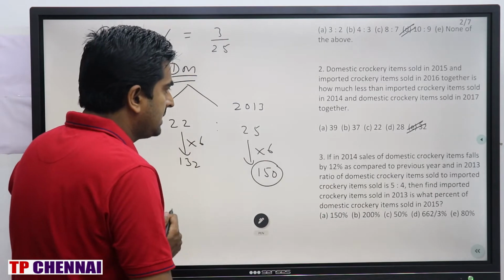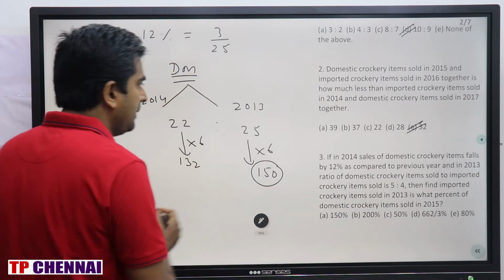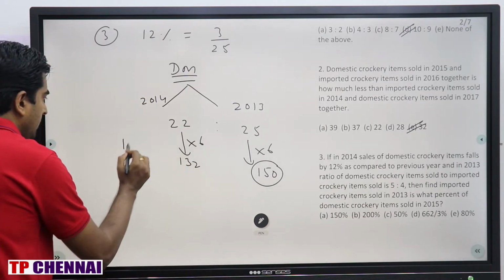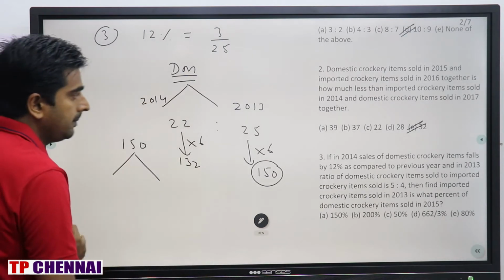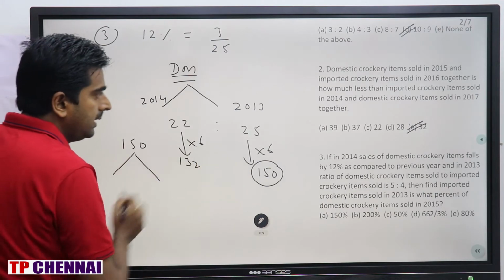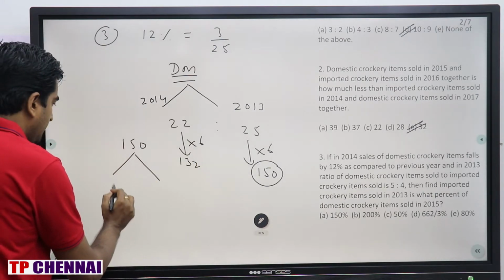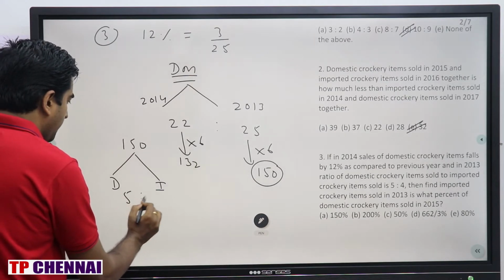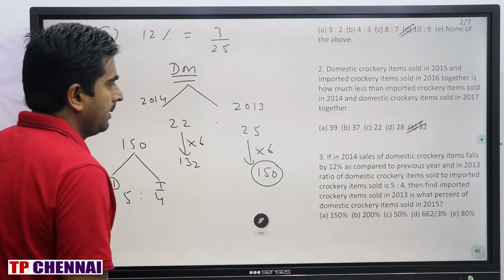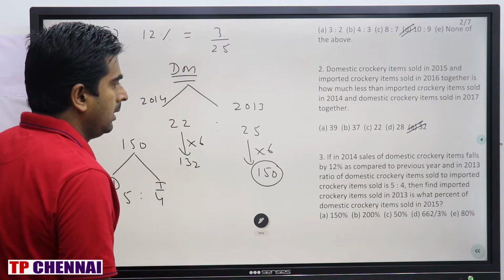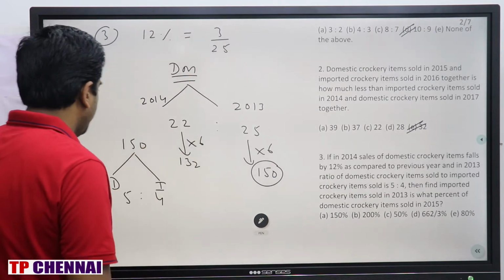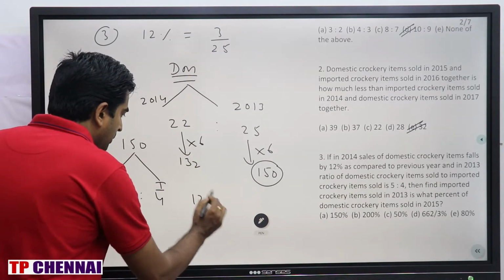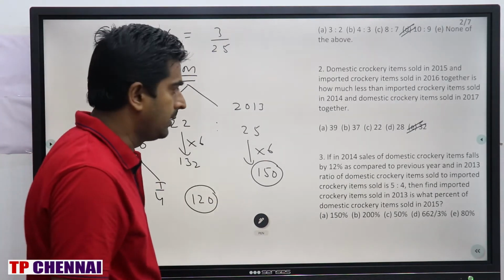And the ratio of domestic to imported crockery items sold in 2013 is 5:4. So I am writing this value 150 in 2013. This value is 5:4, domestic and imported. So domestic 150, that means the 5 part is 150, and the 4 part is 120. So imported in 2013 is 120.